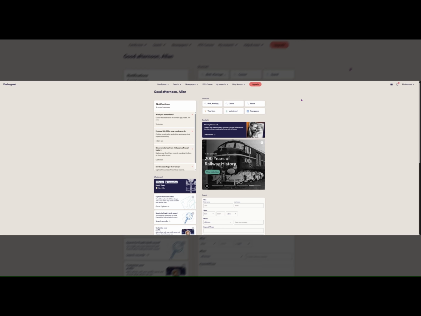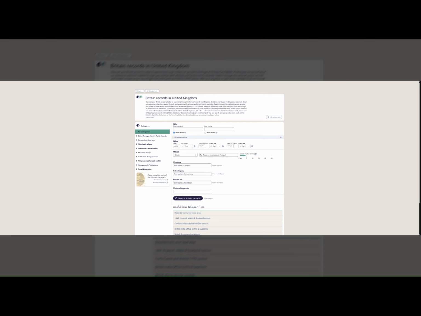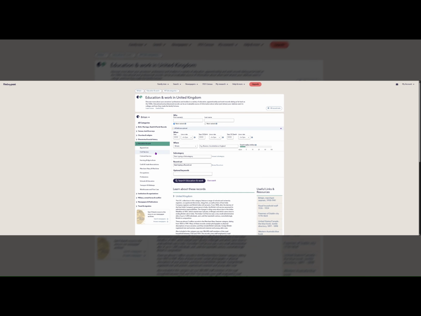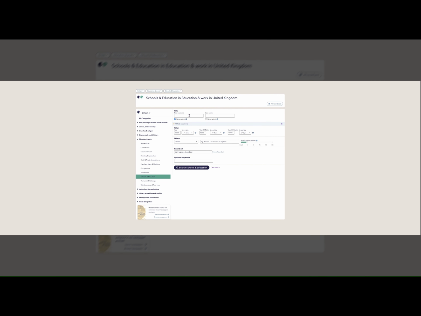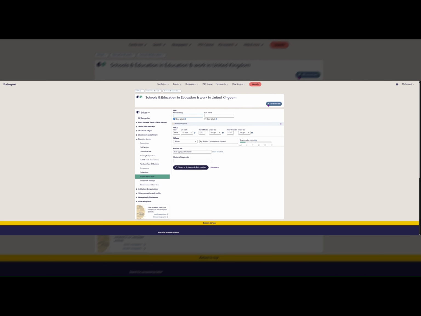So next we're going to look for any educational records for Frederick Joseph Gange, if there are any. For this, we're going to go to Find My Past and go into the section that deals with education. And we can look under his name and in Southampton. And as we can see, that is the only result.